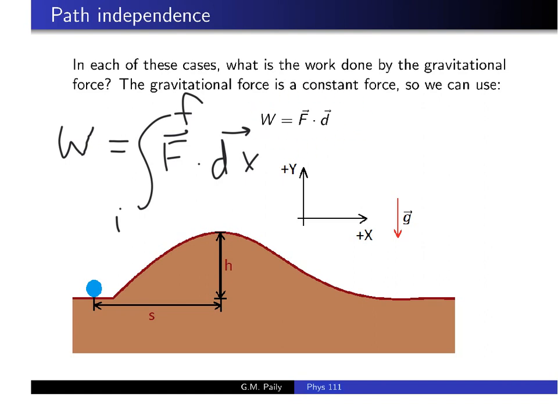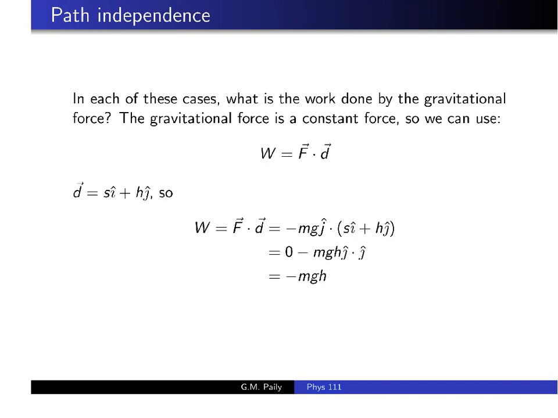And the gravitational force is a constant force, so let's go ahead and use F dot d. Oh, and one more thing. Notice that the total displacement of the ball is a distance s in the x direction and a distance h in the positive y direction.